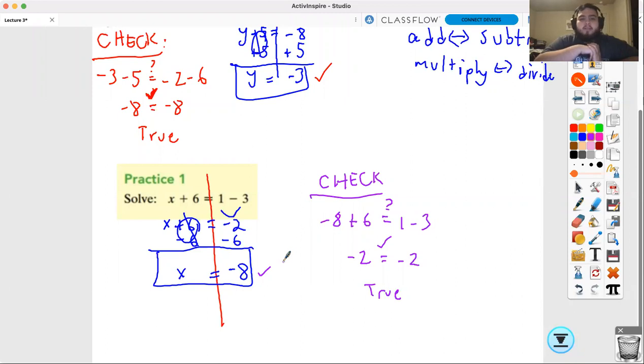What parts threw you guys off on this example and this practice problem? Talk to me. The second part where I did x plus 6 equals 1 minus 3, and then I did x plus 6 and then -2, and then I forgot the last step. Okay. And did you have an equal sign between the x plus 6 and -2?